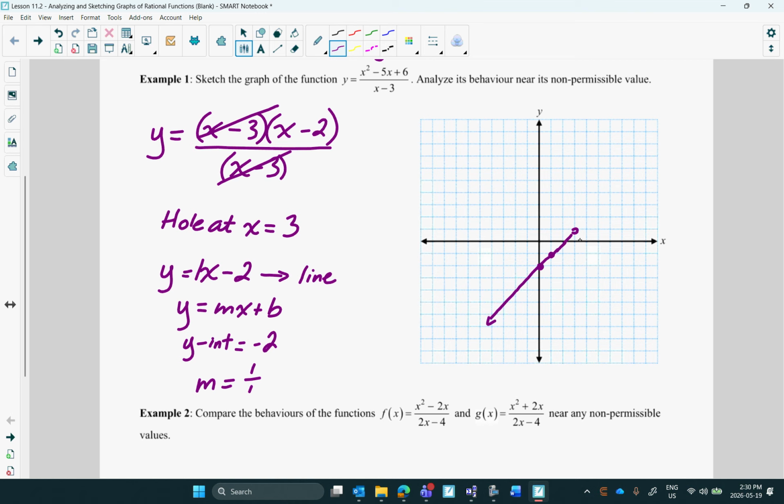I put a hole there, a hollowed circle. I'm going to make that a little more obvious. And it's going to look like that. So whenever you can cancel out a denominator, you're going to get a hole.